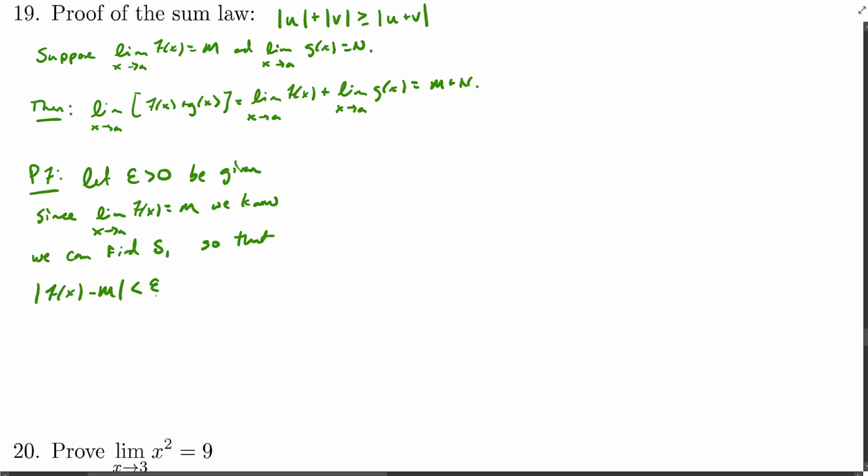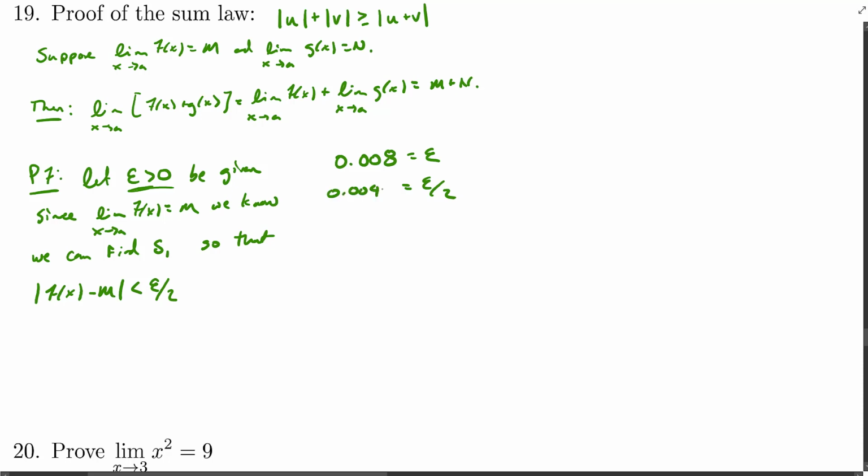Here you would normally expect to write epsilon, but I'm going to put epsilon over 2, just so that the proof works out nicely. For example, if our original epsilon was 0.008, then epsilon over 2 would be 0.004. So we're taking half of that.